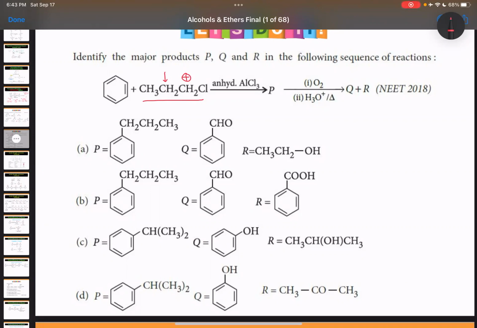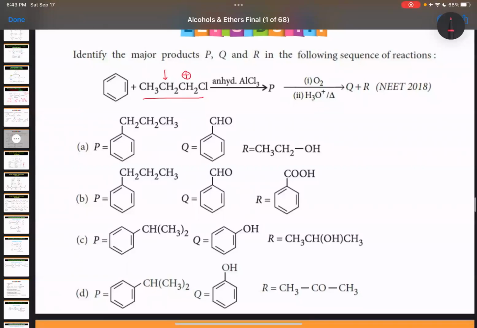You need to select the right answer. Just check it quickly. C or D? No, it is D, because it is acetone. Yeah, correct.